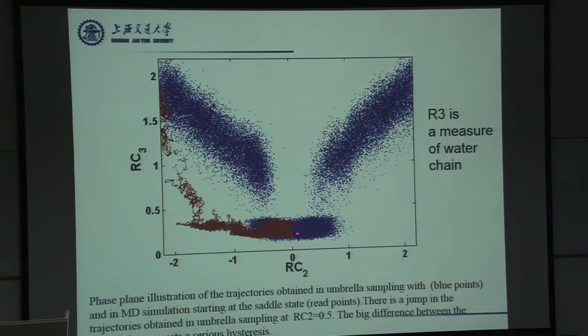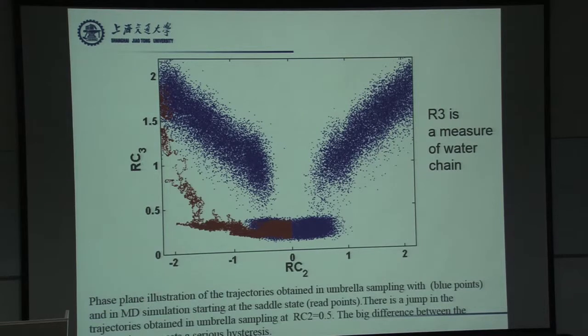We started an MD simulation without rare event, a regular molecular dynamics simulation, from the saddle point, and let it go, and see how the system found its way back to the equilibrium non-transformed state. You see, it doesn't go here. It goes here. So it found an even lower free energy path.